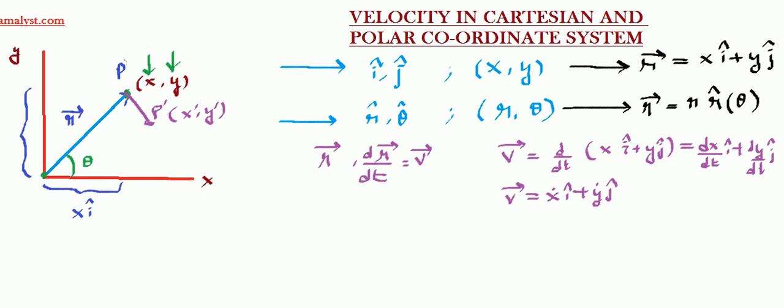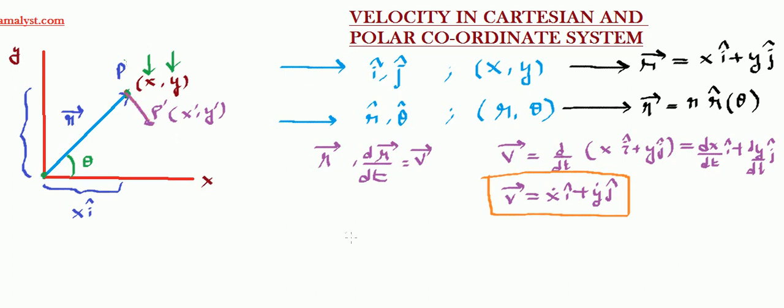Now this kind of expression represents velocity irrespective of the motion. The motion can be anything. For example, the particle can be moving in a straight line in this direction, or moving along this weird curve, or along this direction. It can be anything.